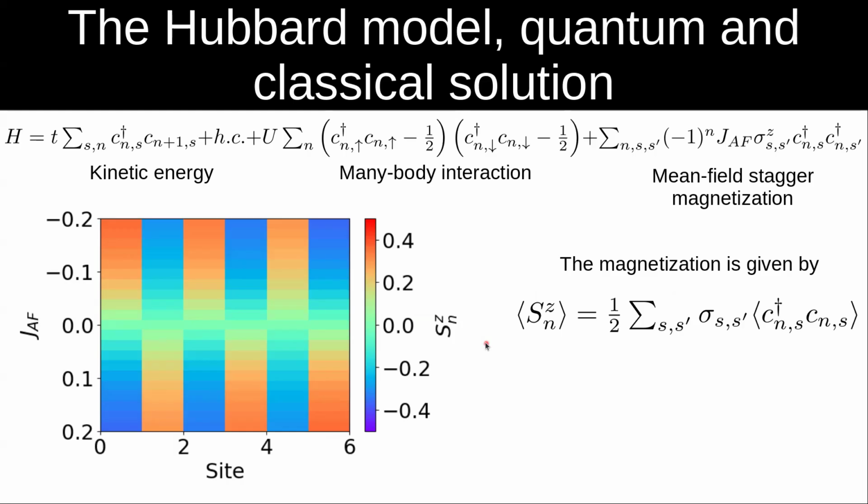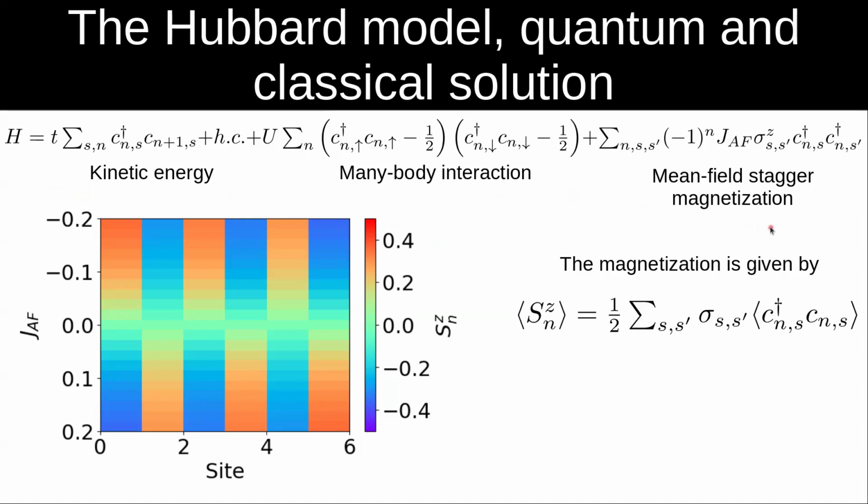So let us now slightly modify the Hubbard model so that we, in a way, interpolate between the true Hubbard model and what we believe would be the mean field solution of the Hubbard model. So we are going to still consider kinetic energy and many-body interaction, and in particular the Hubbard interaction, but now we are going to add this extra term that is a staggered magnetization, a mean field staggered magnetization.